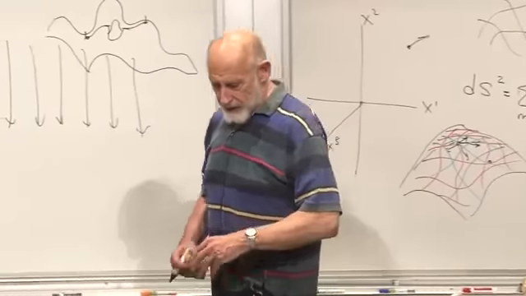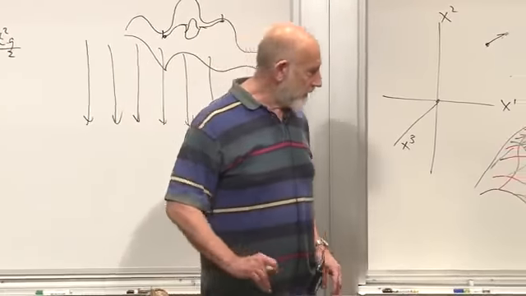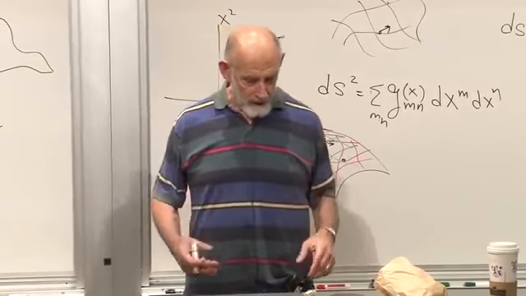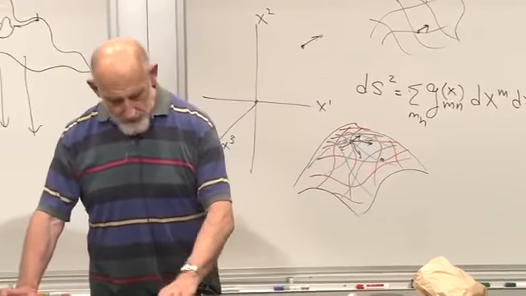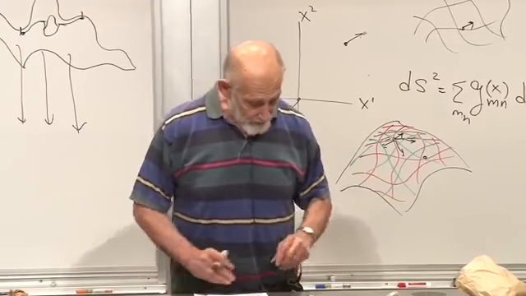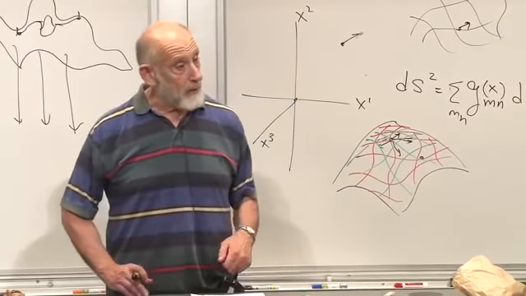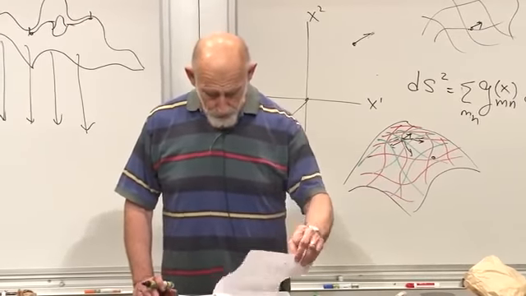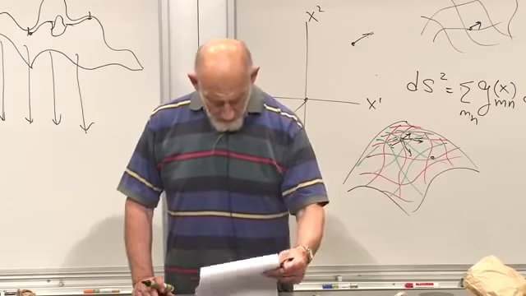All right, in order to answer that question, the geometric question here, we have to do some mathematics. And the mathematics is central to relativity. We cannot get away without doing it. You cannot understand relativity without it. And the mathematics is tensor analysis, and a little bit of differential geometry.